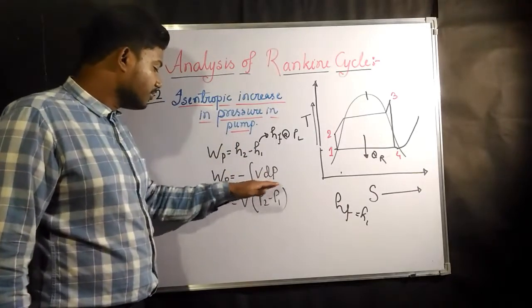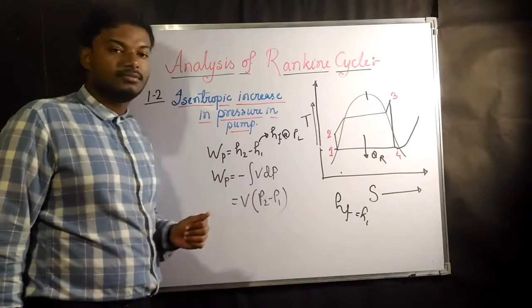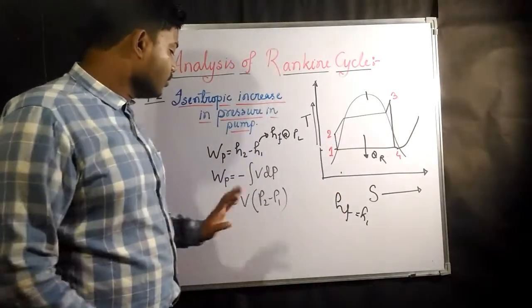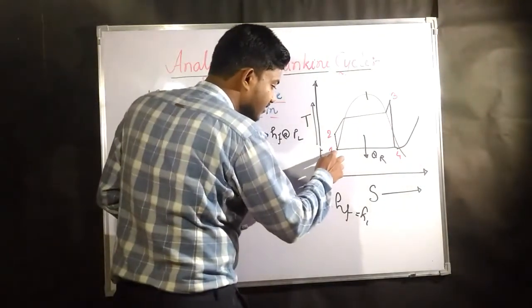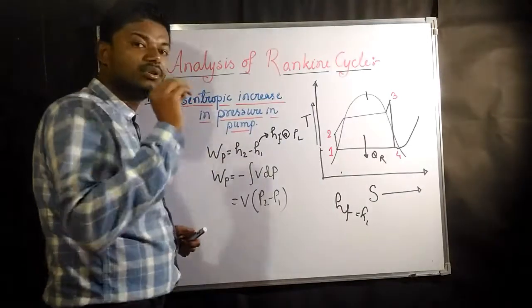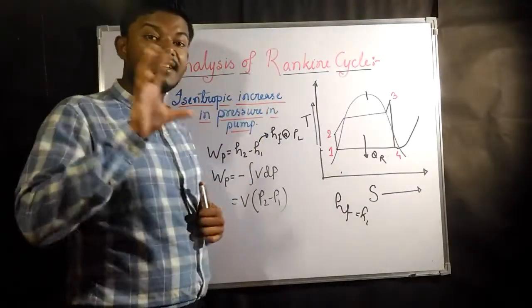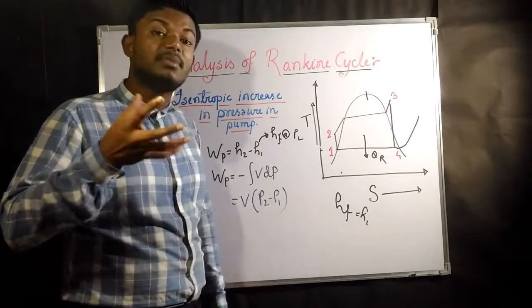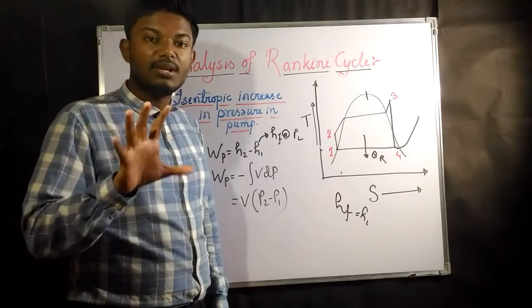Now if you remember, the work done by pump is always the negative of V into dP. Whatever substance is coming out of the condenser is purely liquid. And as the Rankine cycle is a steam turbine cycle, the product coming out of the condenser is completely water.